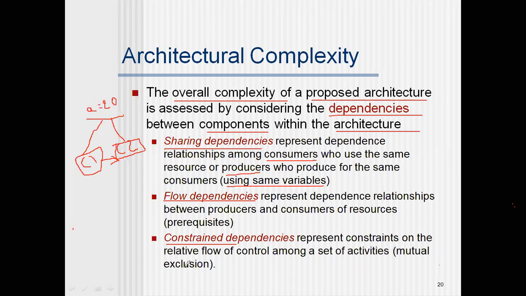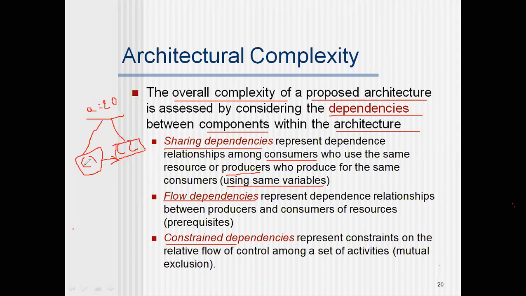Constrained dependencies in the sense, if these two are not executed at the same time, then such kind of components are under the constrained dependencies, which means suppose C2 will always start execution after receiving the output of C1 only. So C2 is dependent on the C1 output.